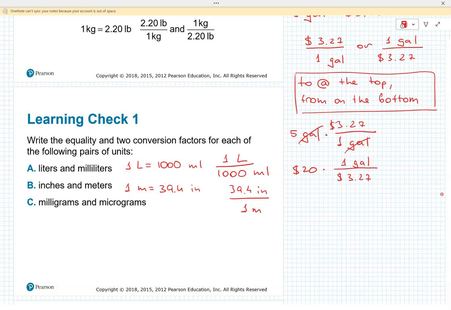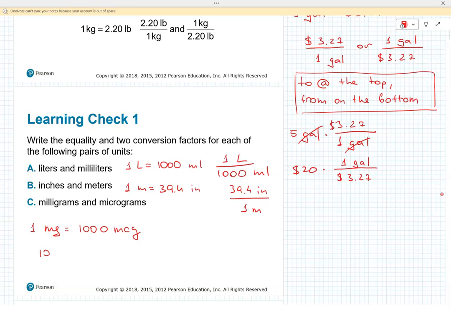C is trickier, a little, not by much. So, milligrams, micrograms. Yes. Can you explain why?